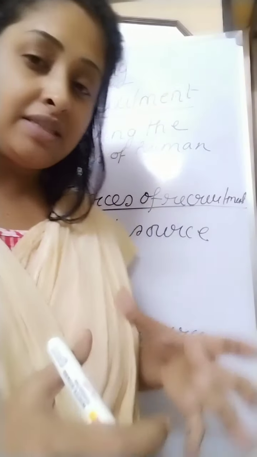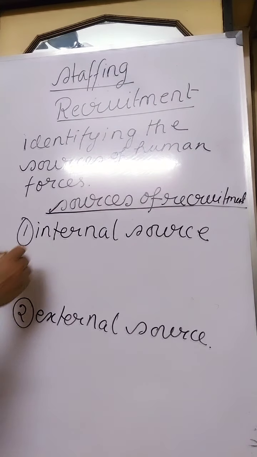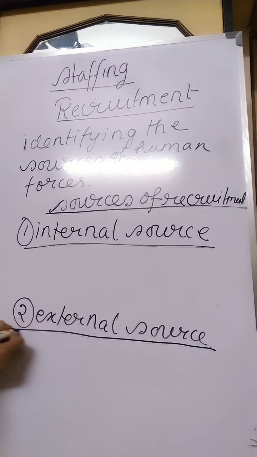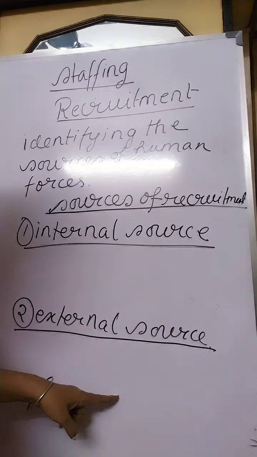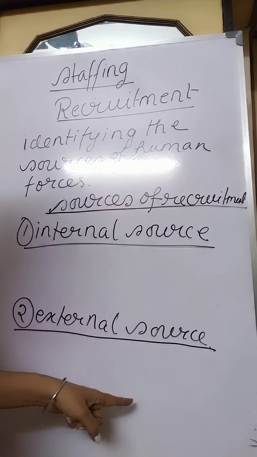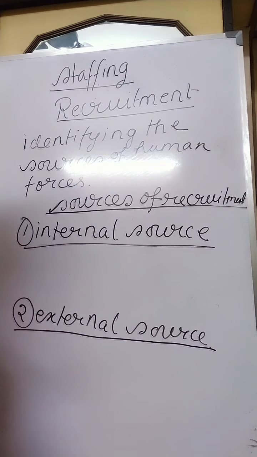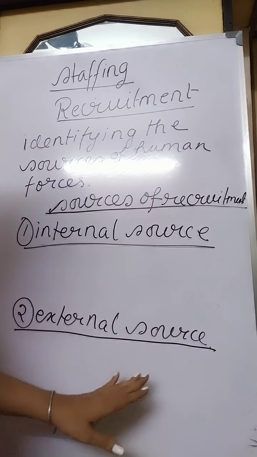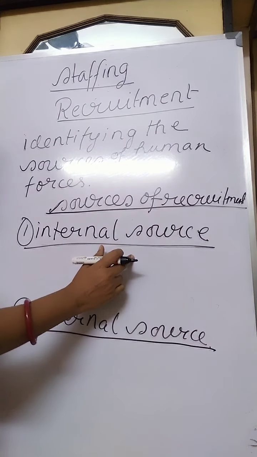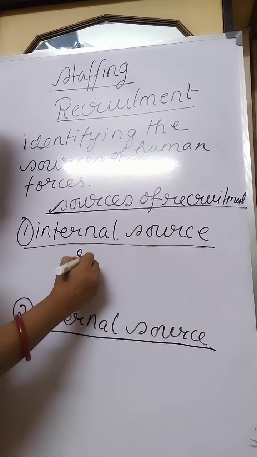Now apart from these internal sources, there are also external sources of recruitment. As the name suggests, external sources include selection of personnel from outside the organization. Internal sources are necessary because they can be relied upon.